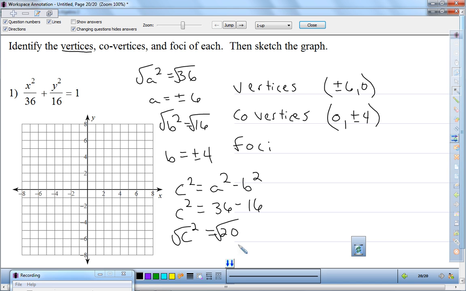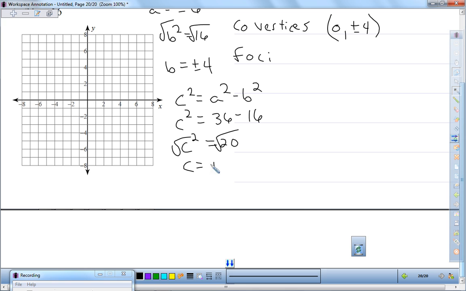Take the square root. It's not a perfect square, so c is equal to plus or minus the square root of 20, which will break apart to 4 and 5. So the square root of that is 2 square root of 5. So our foci is 2 square root of 5.